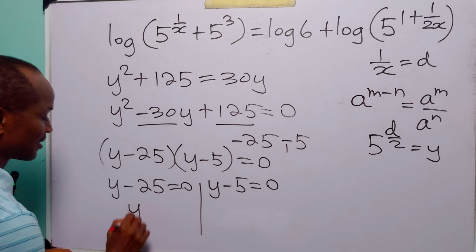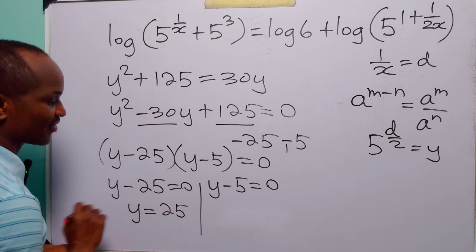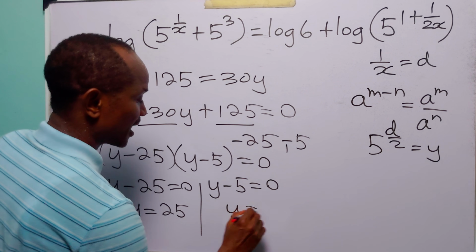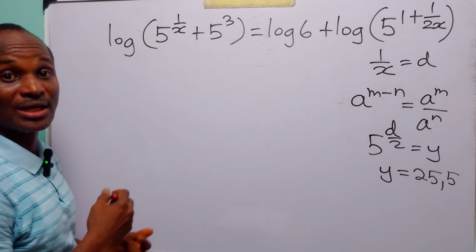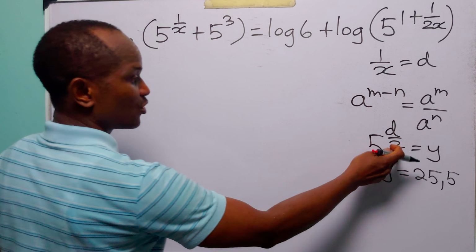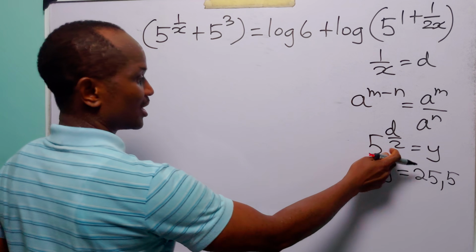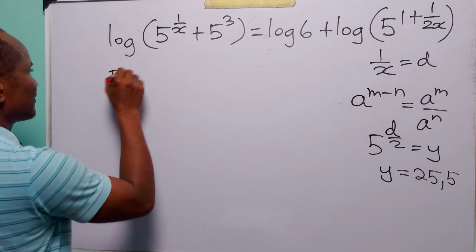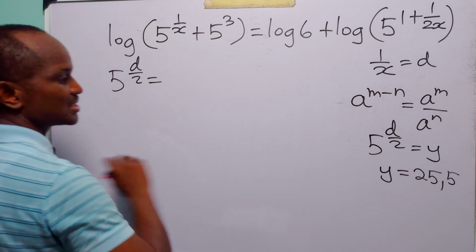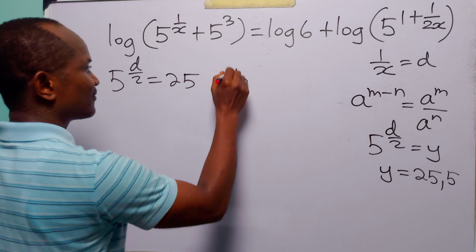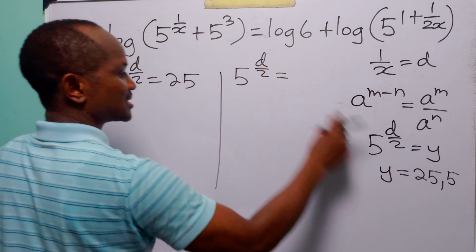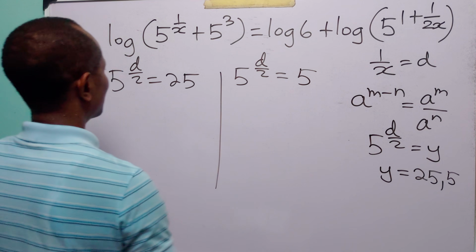From here we have that y is equal to 25, and from here we have that y is equal to 5. And of course, now that we have found the values of y, we go back to this substitution equation. We have that either 5 to the power d over 2 is equal to 25, or 5 to the power d over 2 is equal to 5.